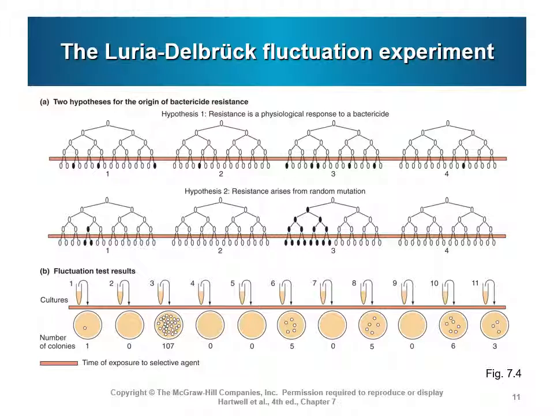In figure B, you can see 11 different fluctuation test results, and it's not clear from these which hypothesis is right. These results show that either can potentially be right. So let's see how they addressed this and figured it out.